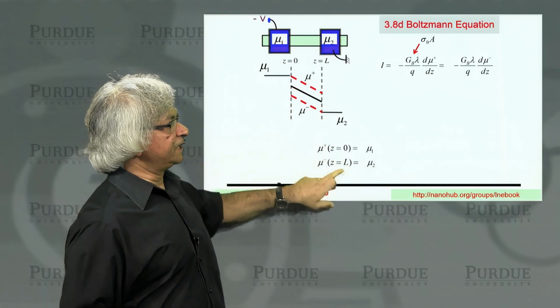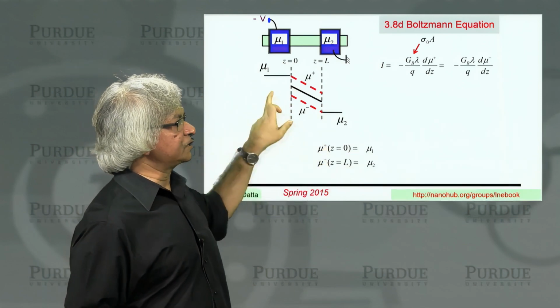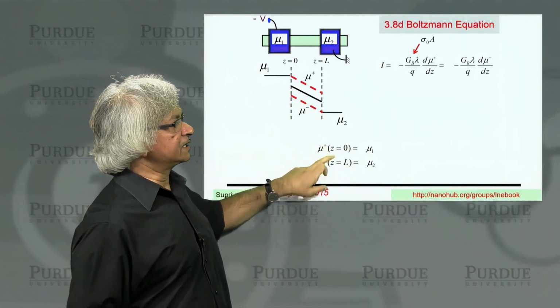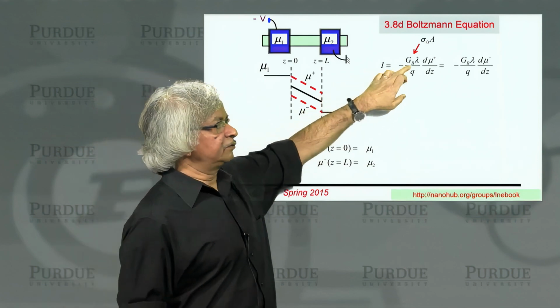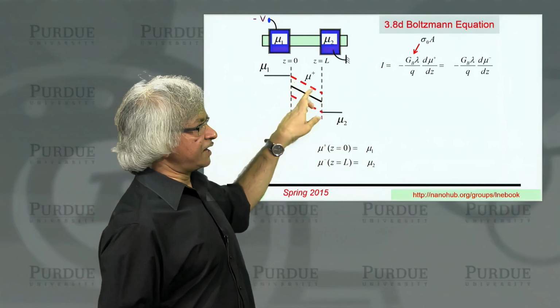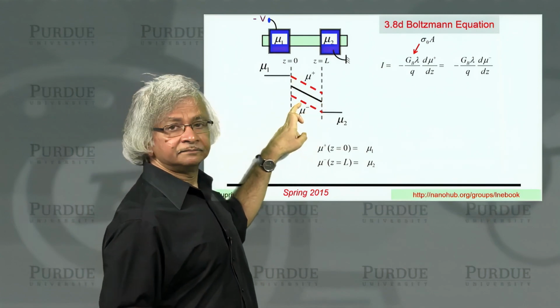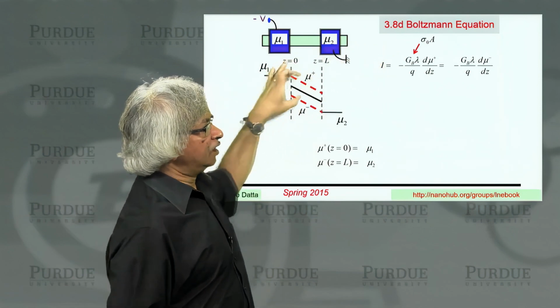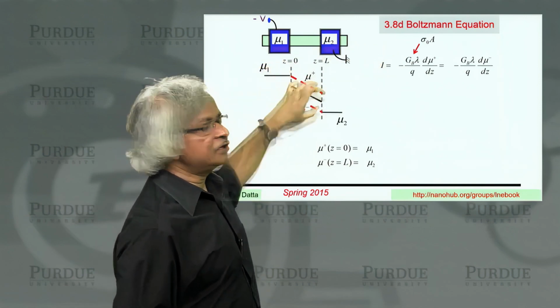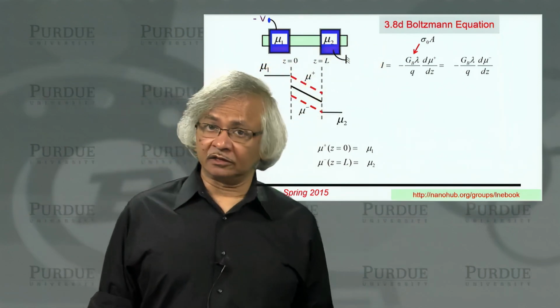You see, we could say that mu plus at one end has to be mu1, mu minus at the other end has to be mu2, and for the current to be constant, it must vary linearly, etc. Okay? So this is the equation that one could solve to get the variation of the two quasi-Fermi levels that we talked about.